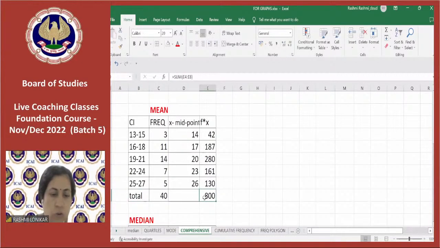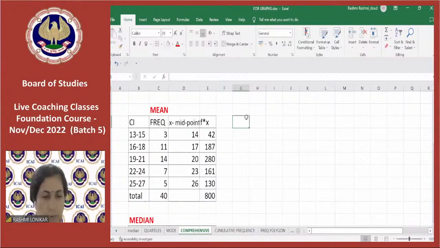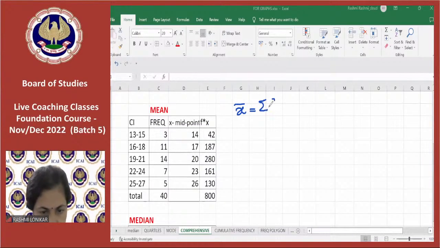So where fx. Now what does my formula for x bar say? X bar is equal to summation fx upon summation f. Now what is summation fx? 800. What is summation f? 40.